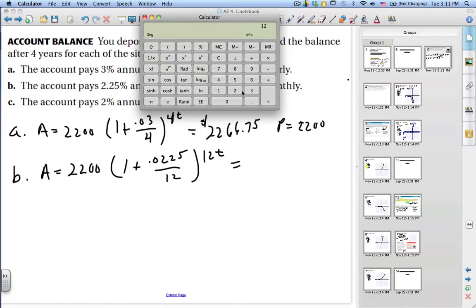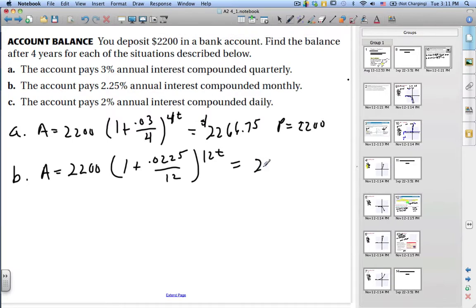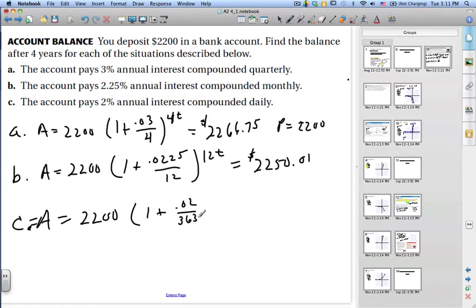I take it to the 12th power equals, and then I multiply it times 2200. And what I get is 2250.01.